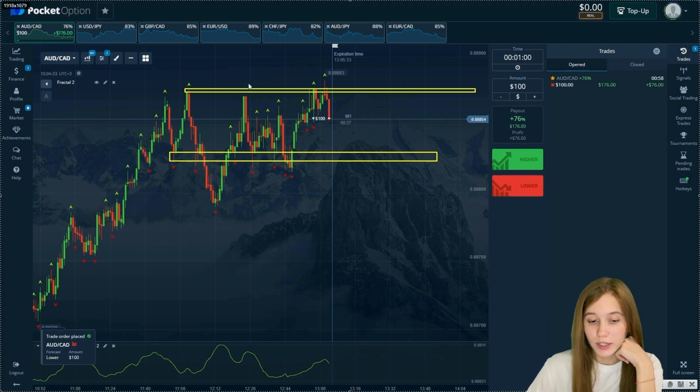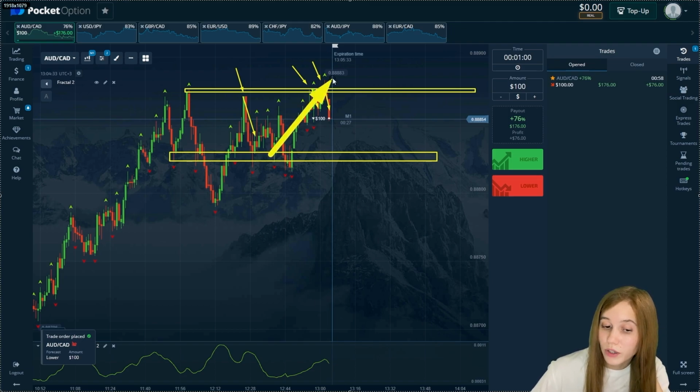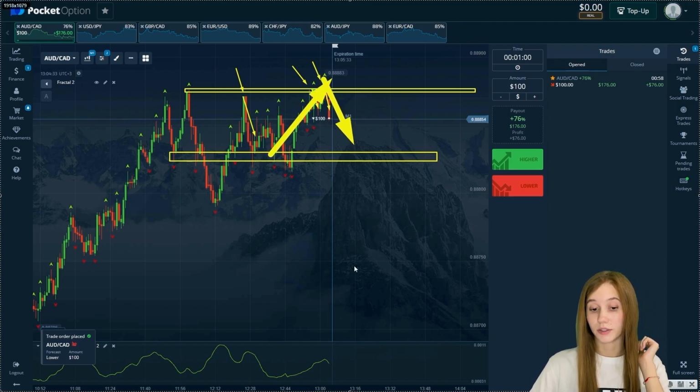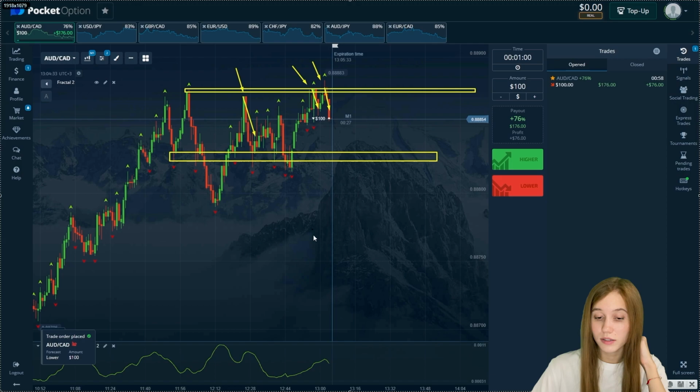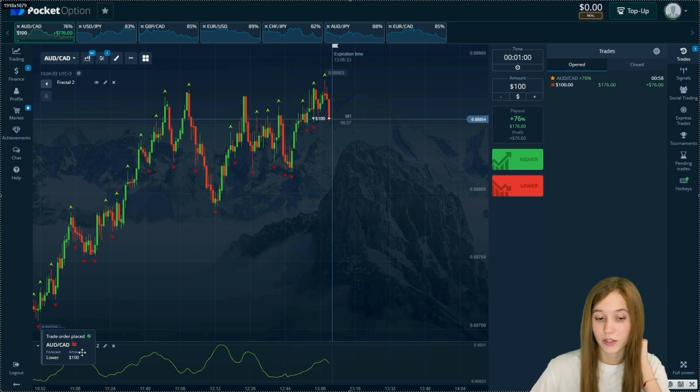Resistance and support area, as we see. Resistance achieved, there were two reversals. They were even overcome and then a reversal again. As a result, the trend actually changed in direction from upward to downward.